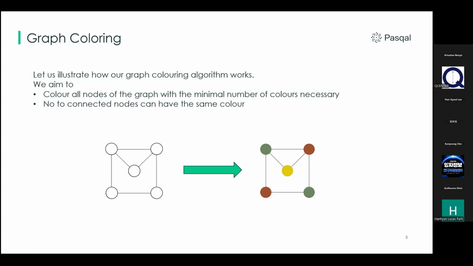There are many different strategies to find good coloring or even the optimal coloring that have been developed over the past decades or even centuries, because it's a very, very old problem, one of the first graph-based combinatorial problems, actually.